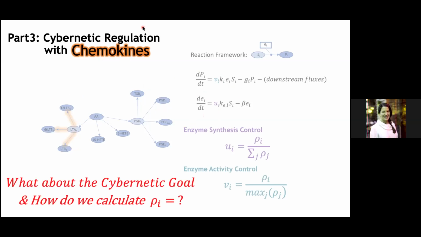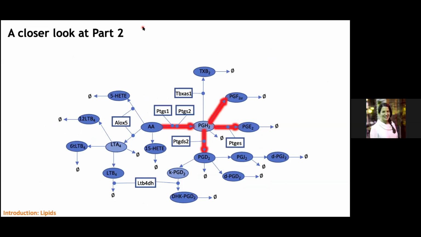But before we go into that, where exactly does the cybernetic goal come into play in these equations, and how do we calculate the U and V? So I'm going to focus on this red, which highlights the branches of the network, for illustration purposes of defining the cybernetic goal and calculating the return on investment, rho.